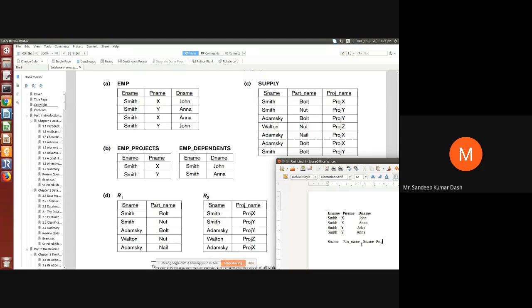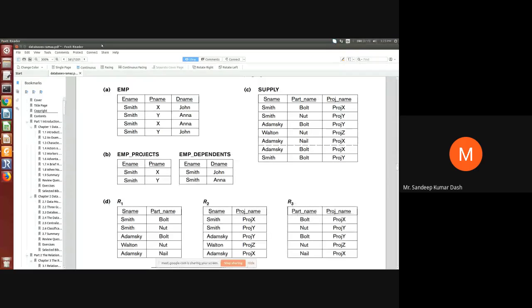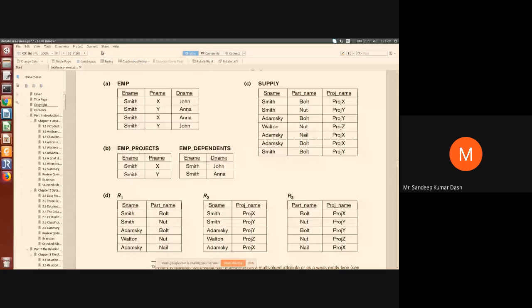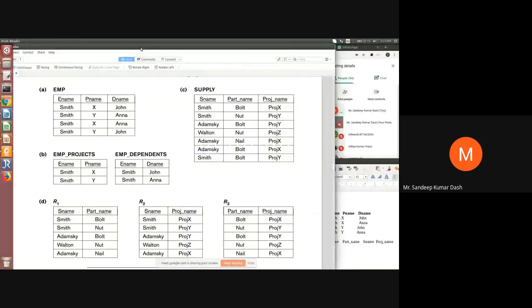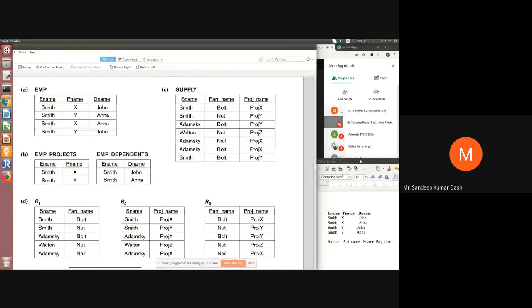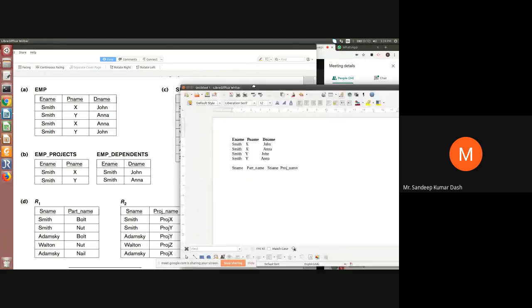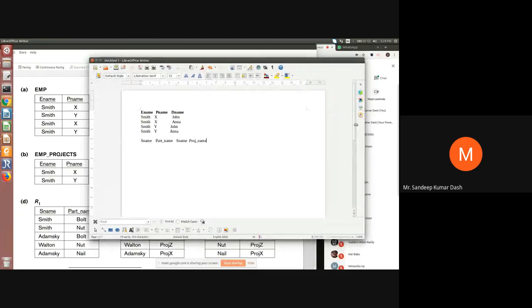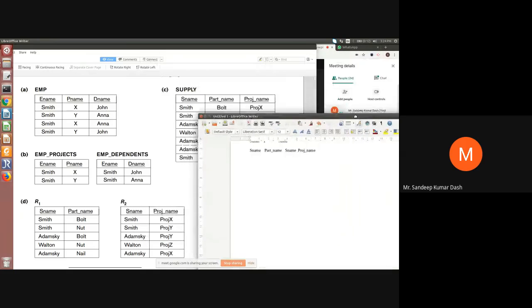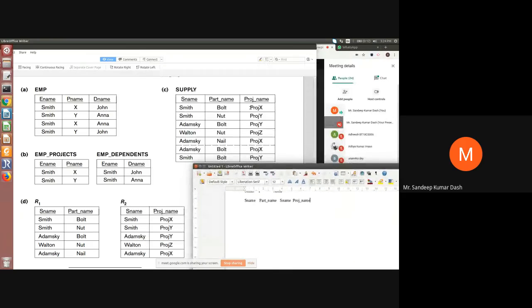Any doubt? I am trying to convey here that there was this table supply which I divided into two different tables, R1 and R2.